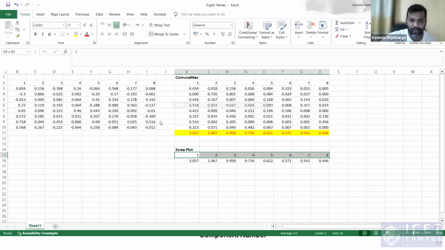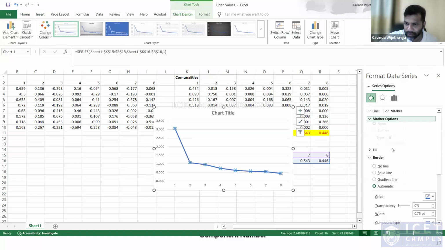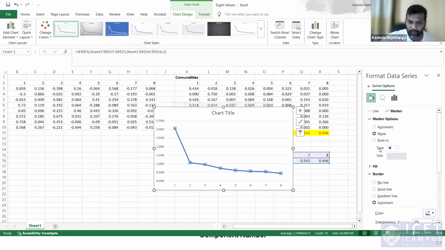I need this one. This is what we call the scree plot. Options, format, markup. Right, so this is the scree plot there.